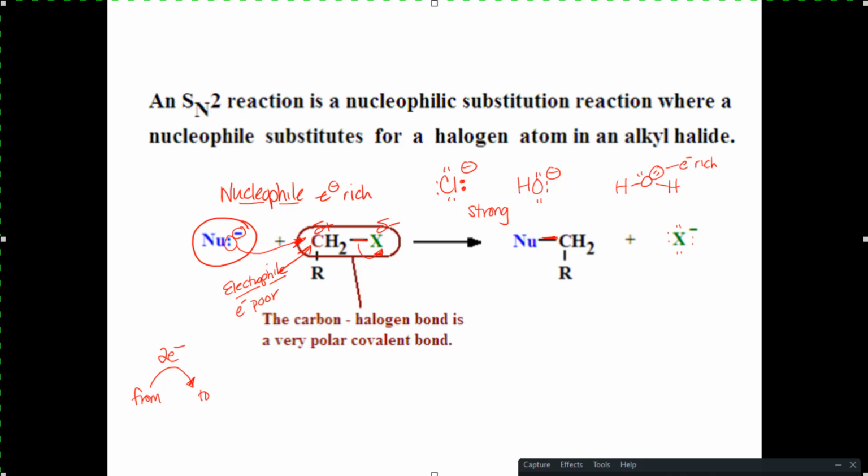Okay, so that is how we're going to write the mechanisms, and we'll do a lot with these arrows. So this is called nucleophilic substitution. I am substituting a nucleophile with a negative charge for a halogen, which is also a nucleophile with another negative charge. Nucleophilic substitution means I'm substituting one nucleophile for another.